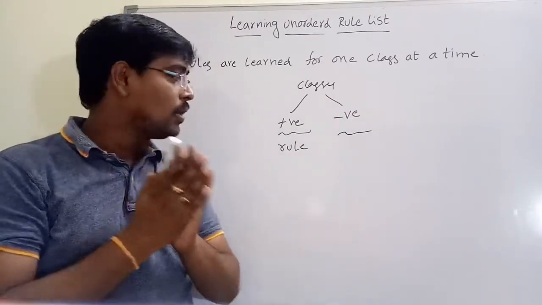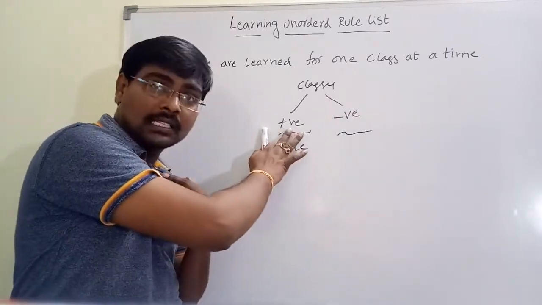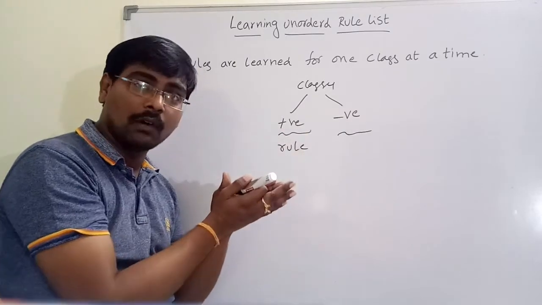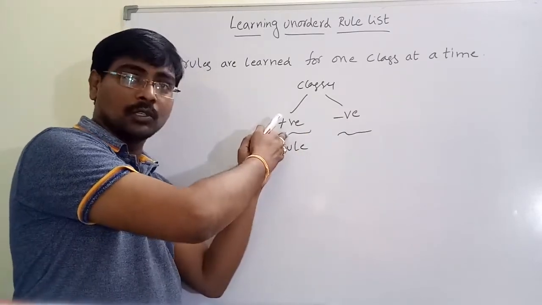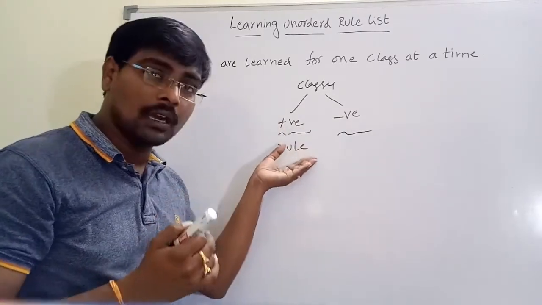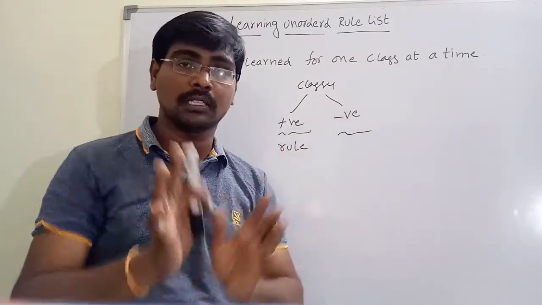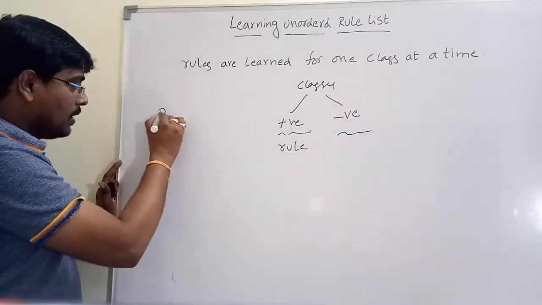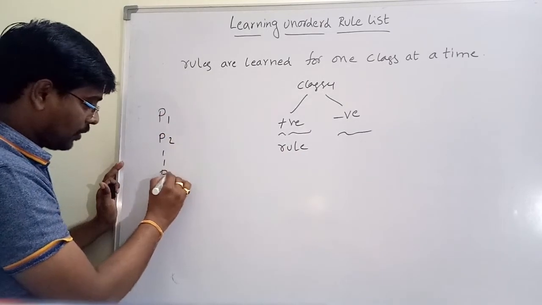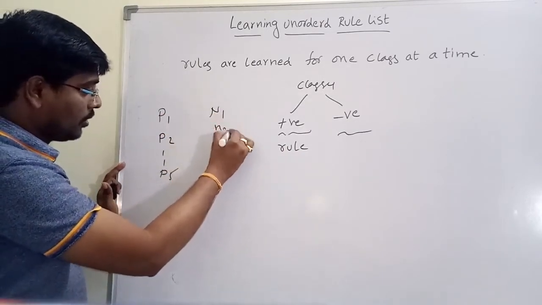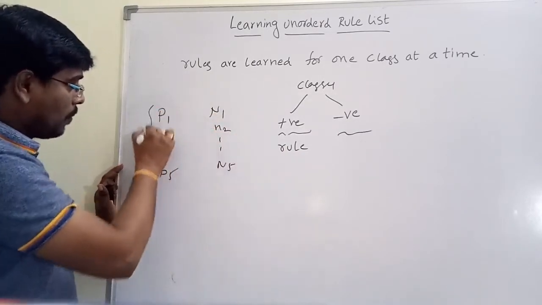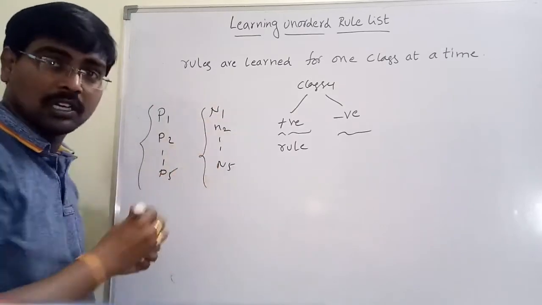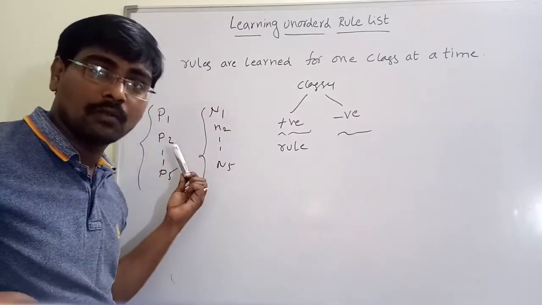That means we are creating the rules for a class. The examples that are covered come under the positive class, and the examples that are not covered come under the negative class. For example, P1, P2, P5, N1, N2, N5: 5 positive statements and 5 negative statements, which we discussed in the last session.